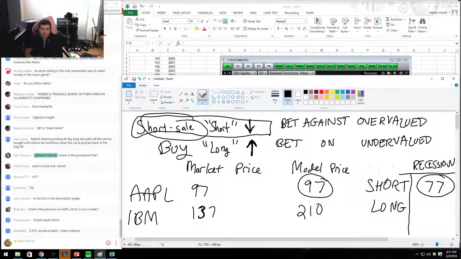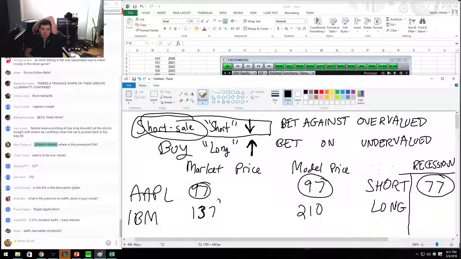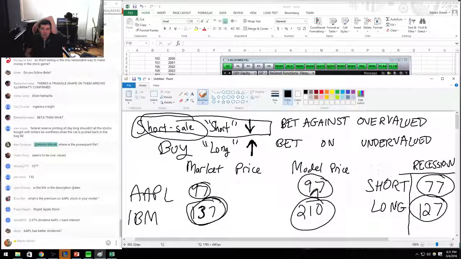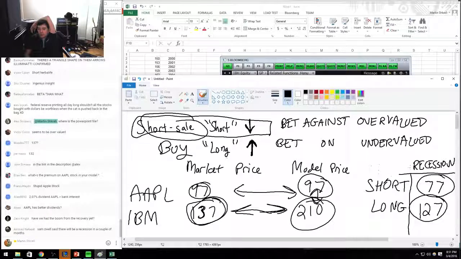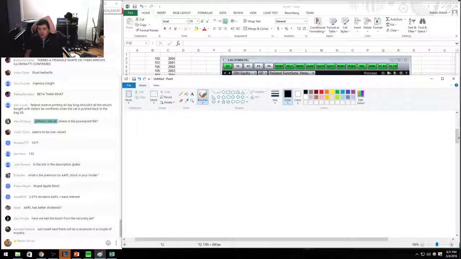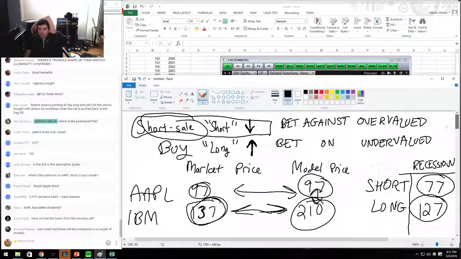And maybe, hopefully, IBM goes from 137 to only 127. So it'll still go down, but it'll be more resilient because it's such a cheap stock relative to the market price. It can't go down that much, whereas Apple could still be very undervalued. I mean, if IBM's 50% undervalued, Apple could be undervalued as well. So you could make $10 per share this way, even in a recession. That's why I like shorting.